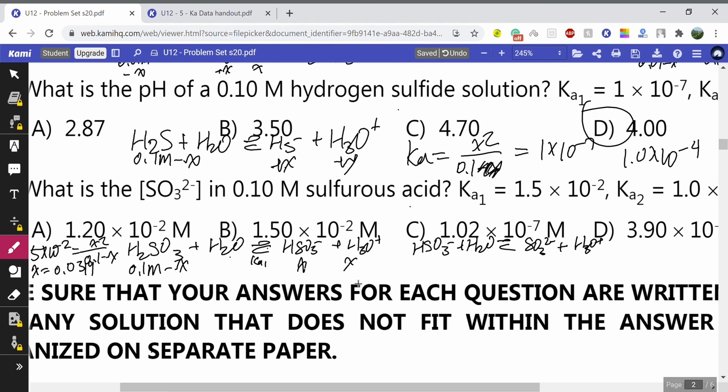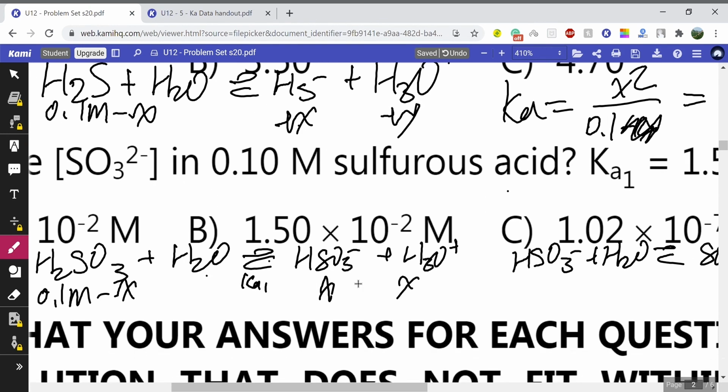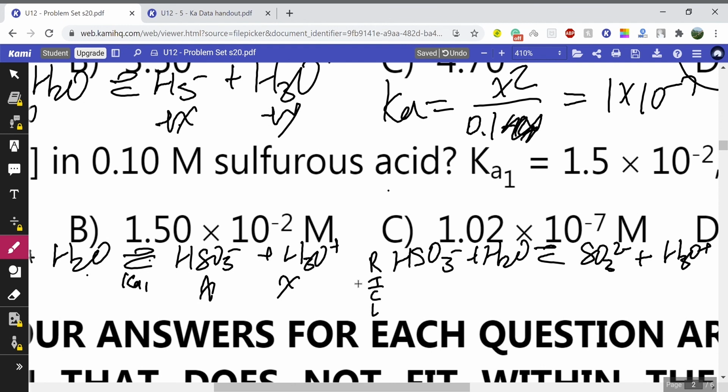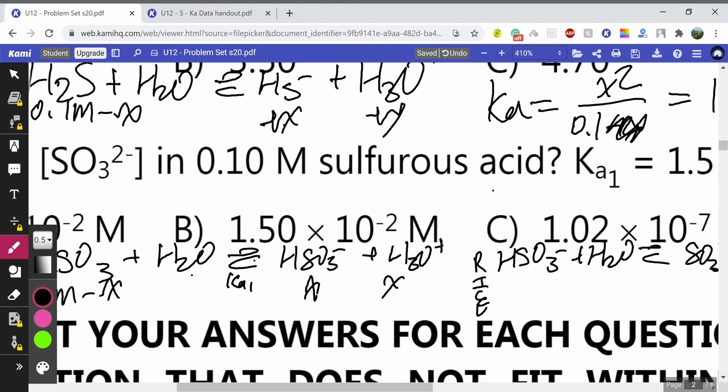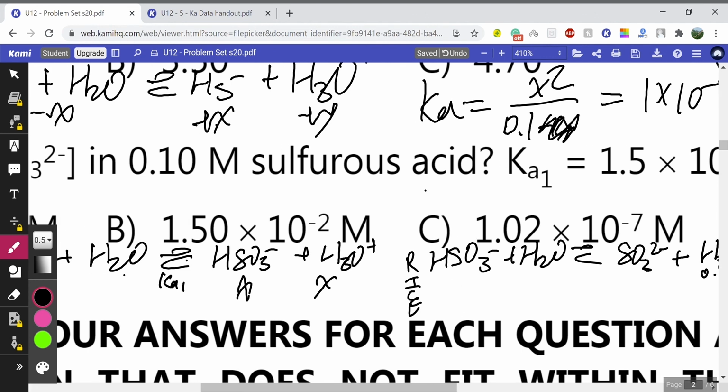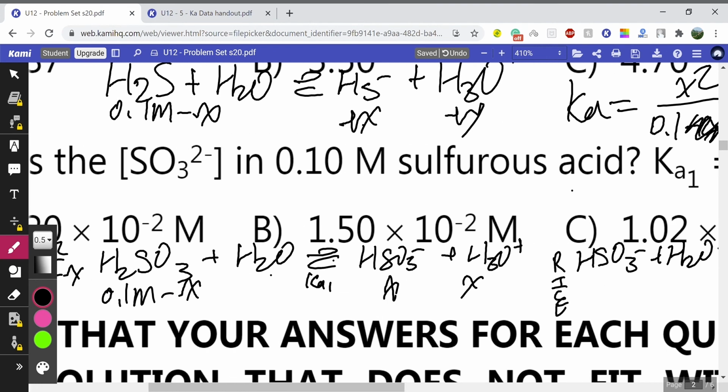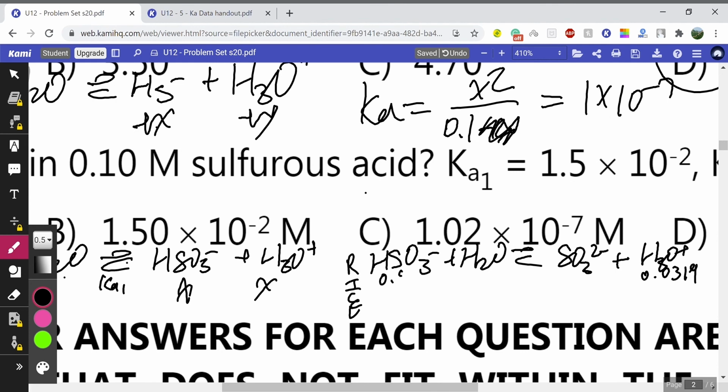Now this x value is going to be here and here. So for the H3O plus, instead of starting off with 0, we're going to start off with the x value, 0.0319, because we already produced some H3O plus in the first step. The HSO3 minus is also going to be the x value, 0.0319. For SO3 2 minus, we didn't produce any in the previous step, so this one is going to remain at 0.